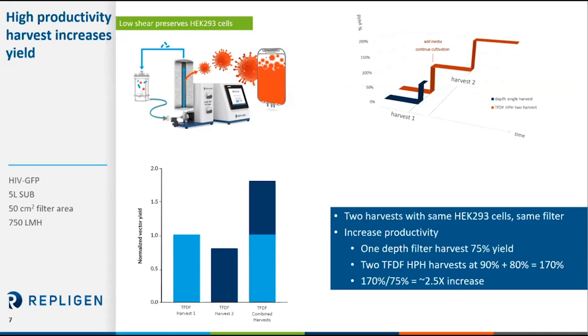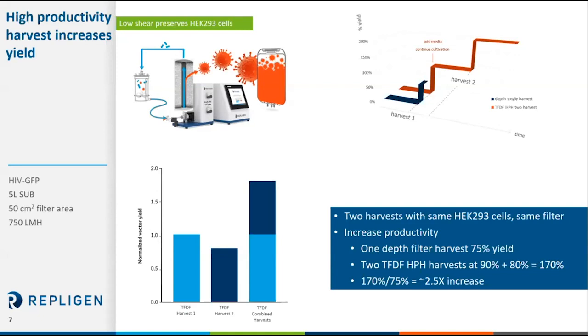If we then divide this by 75%, which was the yield from the depth filter, we see that using TFDF generates nearly 2.5 times more material. Granted, there are some additional steps taken, such as adding more media, but the value of 2.5x should far outweigh that effort.